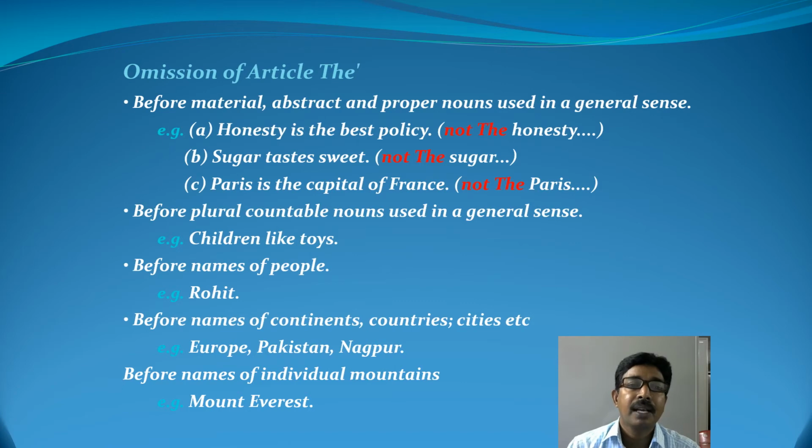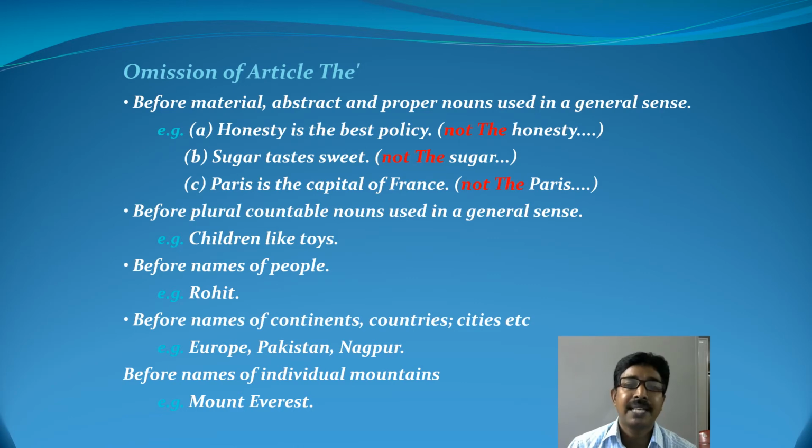Now, let us see when the definite article the is omitted or left out. We omit the definite article before material, abstract or proper nouns used in a general sense. For example, honesty is the best policy, but we don't say the honesty because here honesty is an abstract noun.